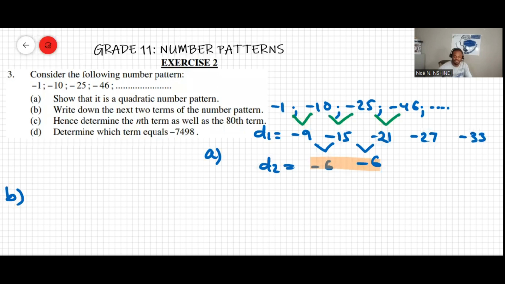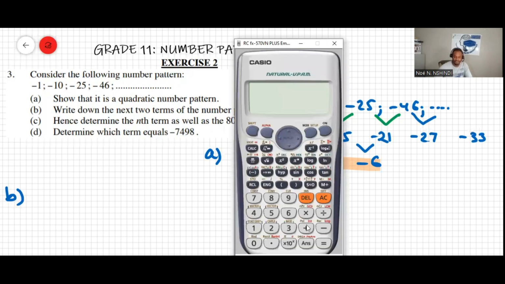Now we do -46 minus -27. We can just use a calculator here. -46 minus -27 makes -19.